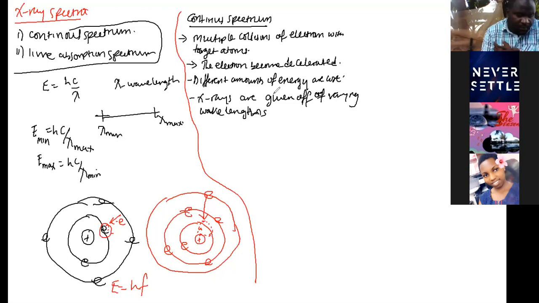They will vary from a minimum value to infinity. The X-rays produced have varying wavelength from a minimum to infinity.